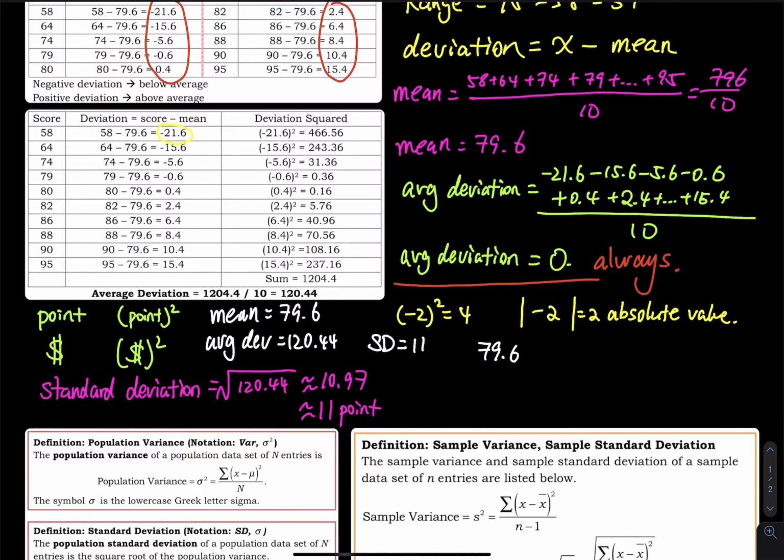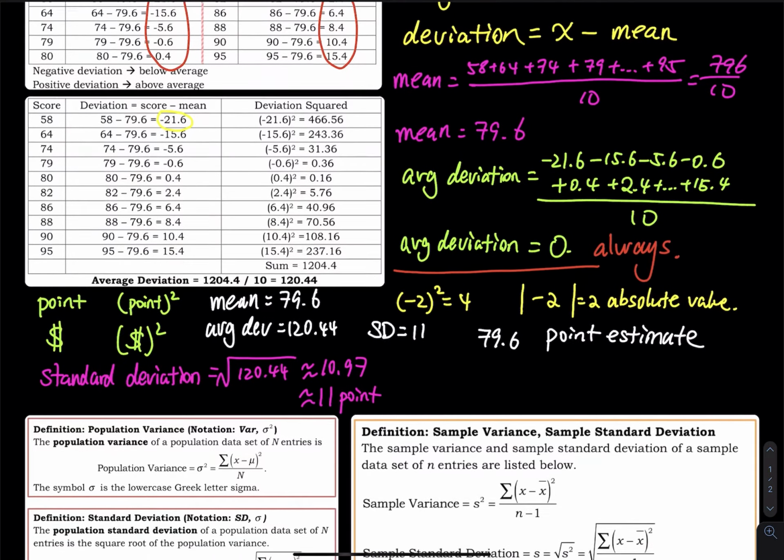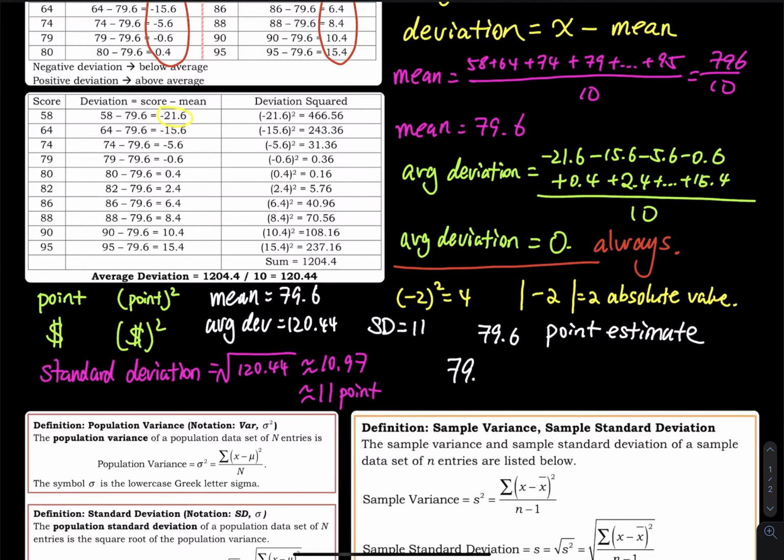What is a point estimate? Point estimate means you are using one number to estimate another number. Let's write this down. Point estimate is a very important word in statistics. You are using one number to guess another number, but we want to be more precise than that. So in order to be more precise or more flexible, I will be using the 79.6 plus or minus the standard deviation.